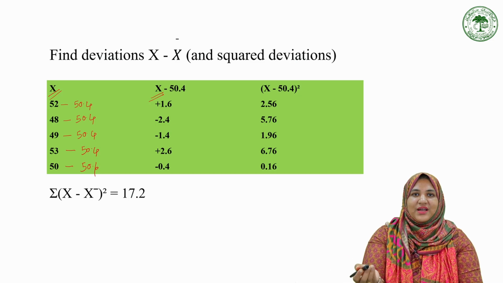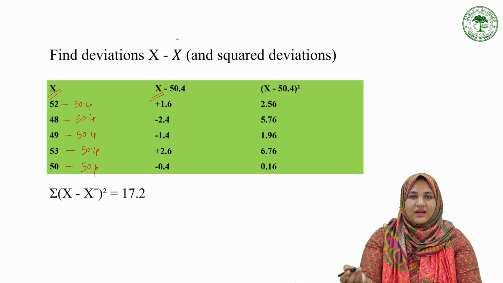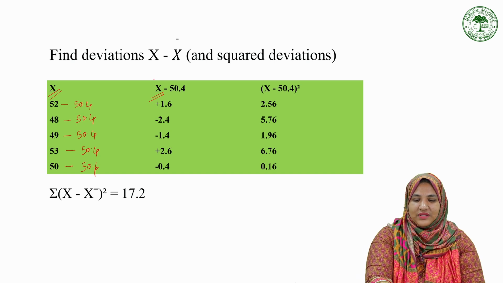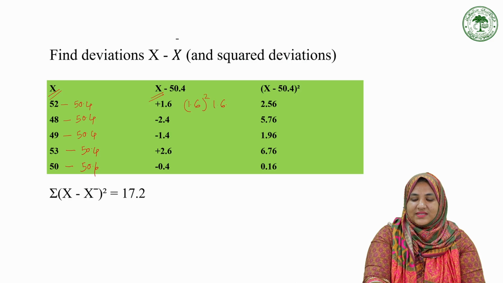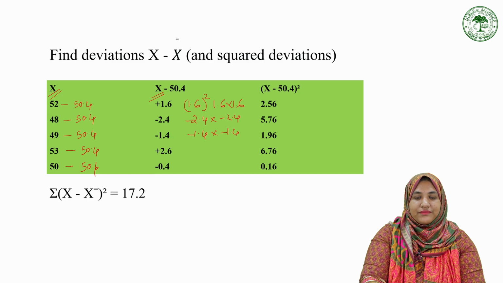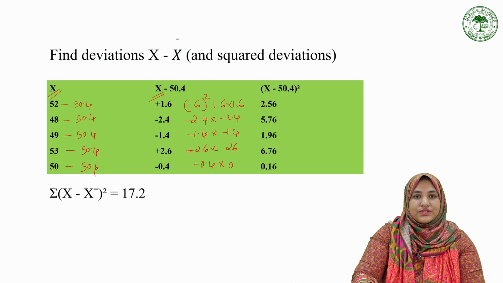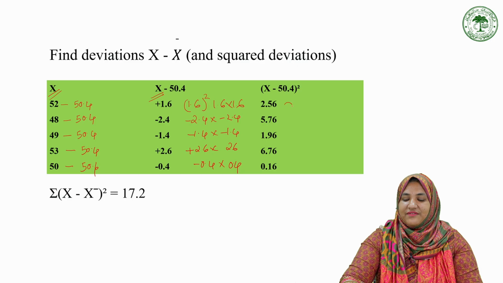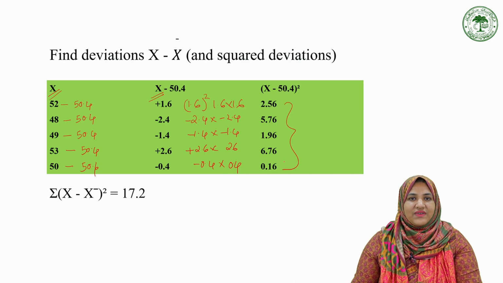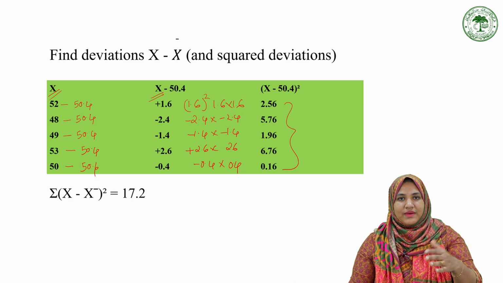Now we are going to calculate the square of these values. That means 1.6 whole square, otherwise 1.6 into 1.6, minus 2.4 into minus 2.4, minus 1.4 into minus 1.4, plus 2.6 into 2.6, minus 0.4 into minus 0.4. The negative values become positive because minus into minus is positive.